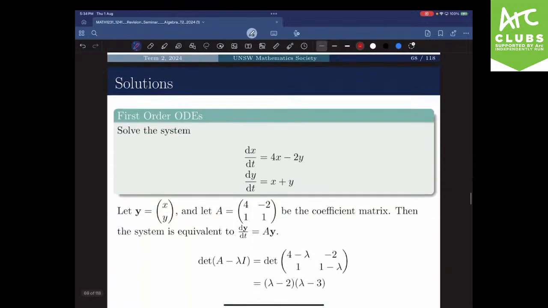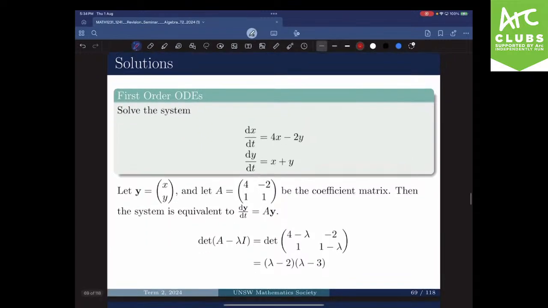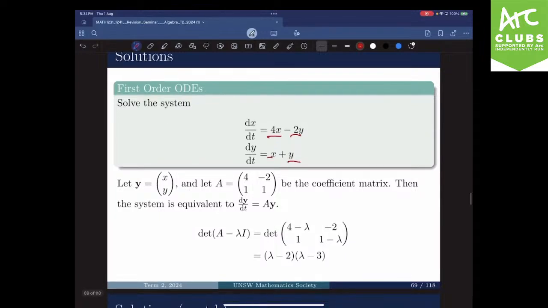So let's first look at this system, this first order ODE system. We let y be equal to this vector xy, and we let A equal to this. You can see that it's just the coefficients of this system. And thus it's equivalent to dy/dt equal to this matrix times y.